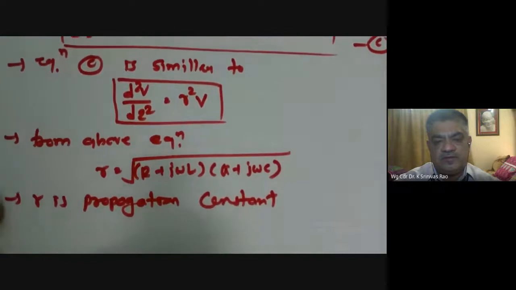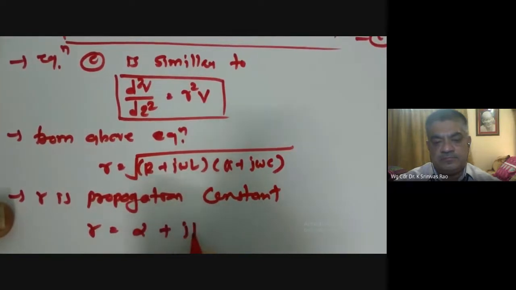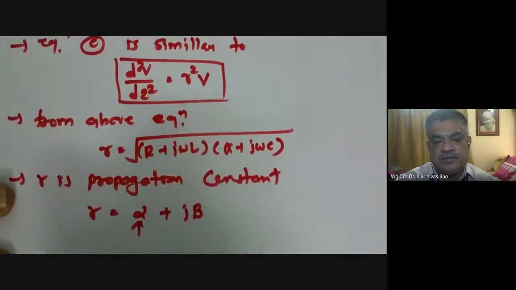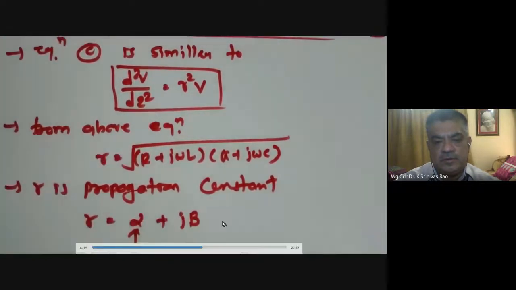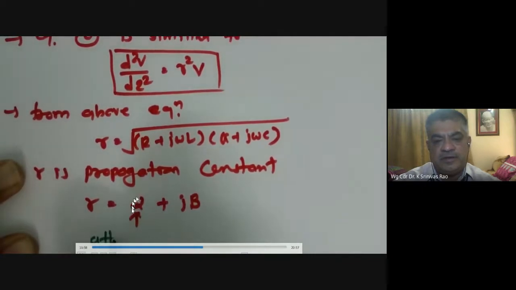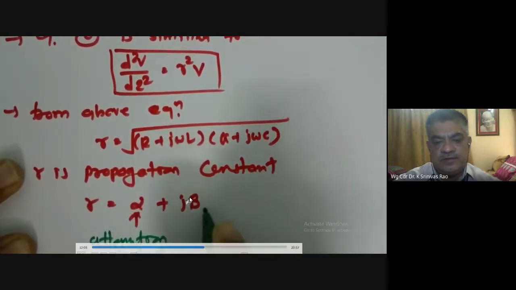Now this value of gamma we can write in the form of alpha plus j beta. So this is your real part and imaginary part. Here the real part, alpha, represents the attenuation constant, whereas beta represents the phase constant.